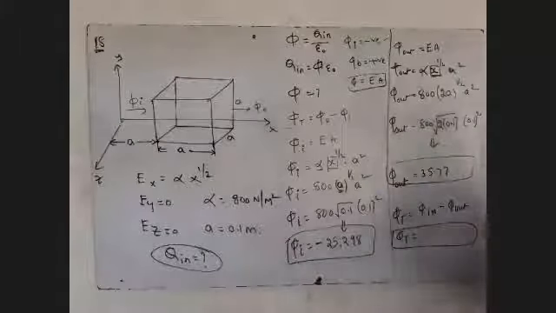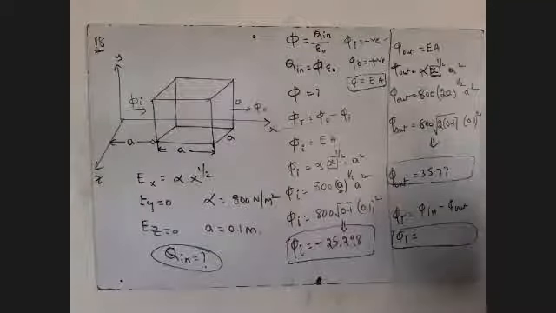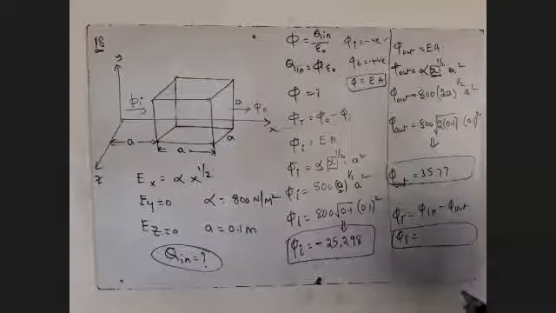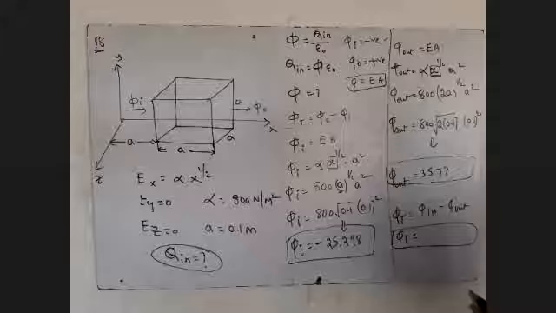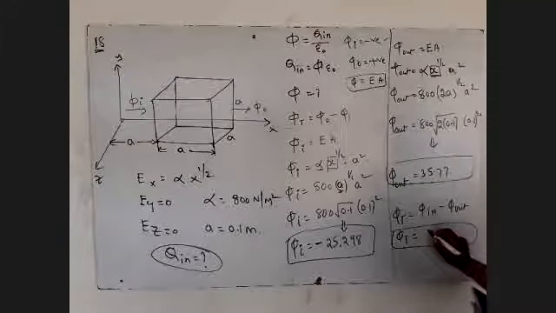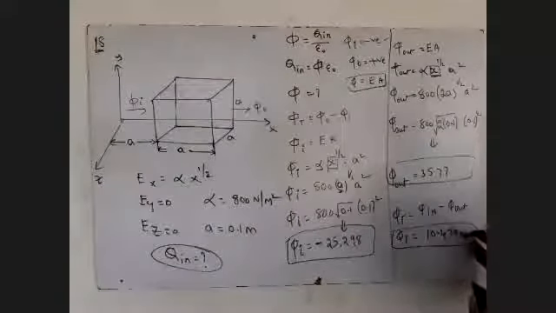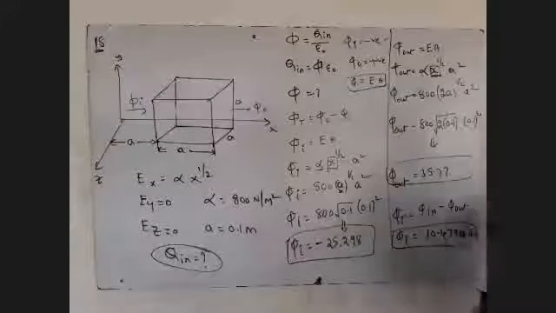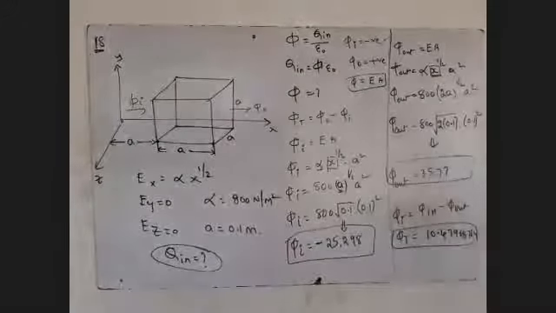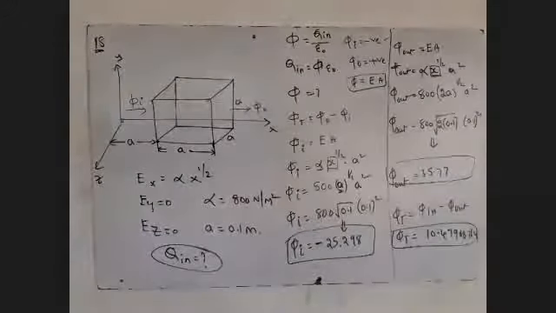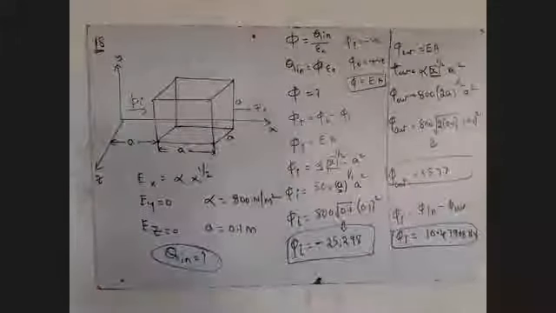So this is equal to 35.77 minus 25.298, which is 10.47908764. This is the phi total value.